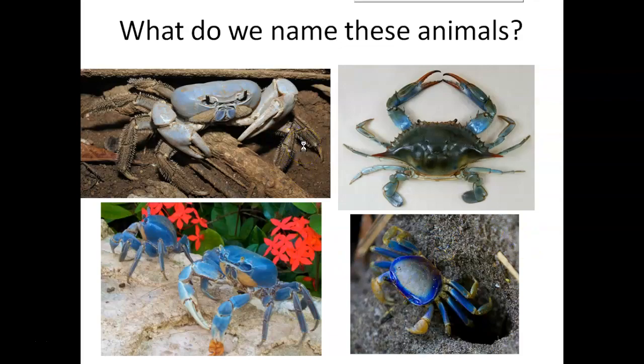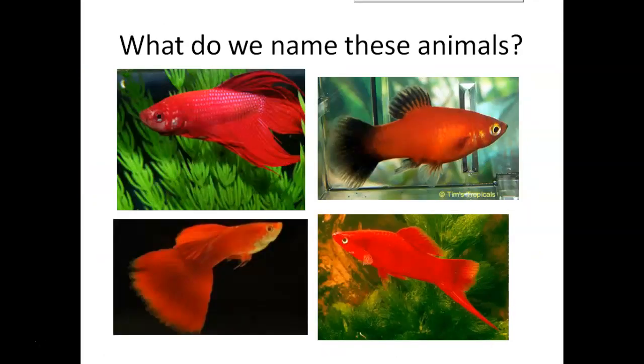Okay, same kind of deal with this. If we're looking, we're like, okay, what would you name this? You'd be like, redfish, orangey redfish. Maybe some of you would be able to identify the betta fish.